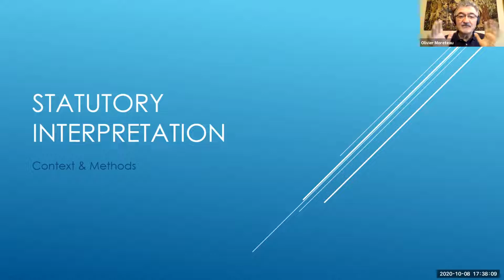Here, the focus will be on the context of the development of statutory interpretation in common law systems, because this context is really important to appreciate the finesse or the tensions or the problems that exist to this day regarding interpretation of statutes in the United States and other common law jurisdictions. And of course, we will address the methods of interpretation that are used in these jurisdictions.